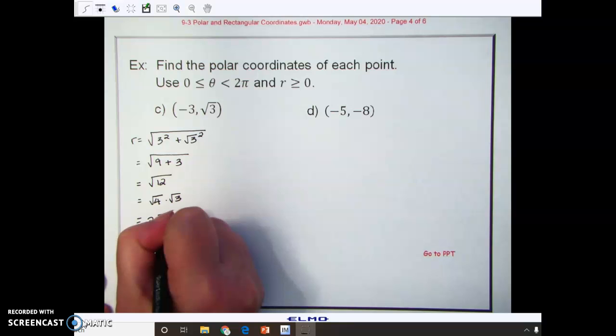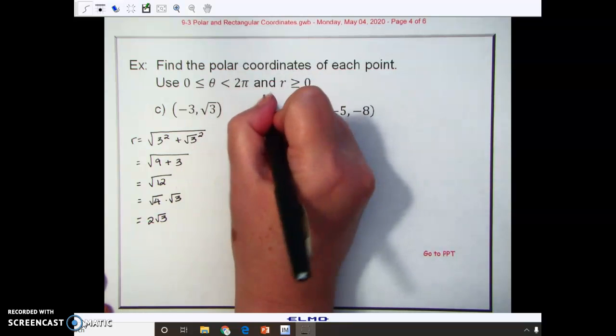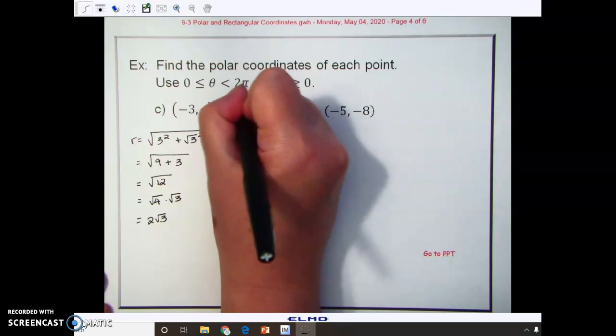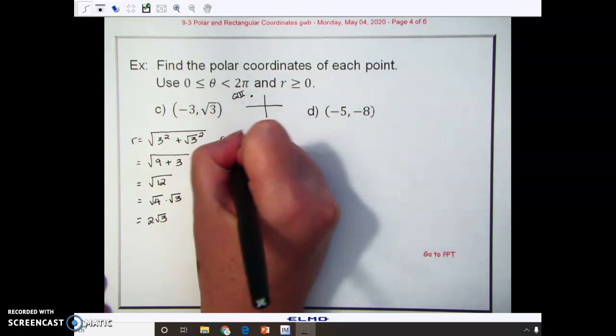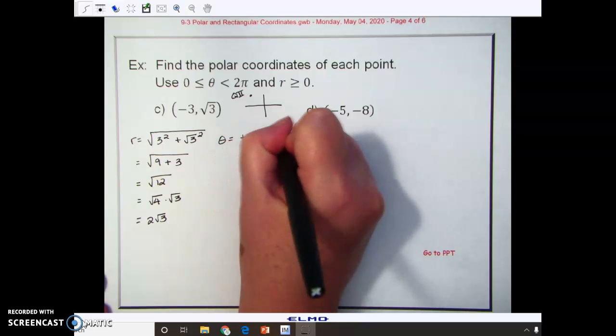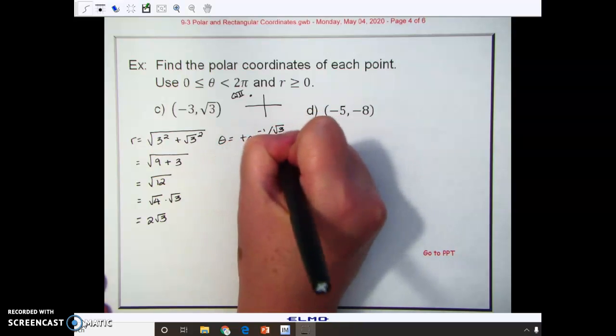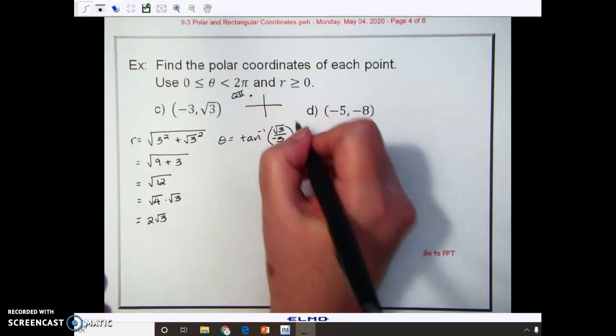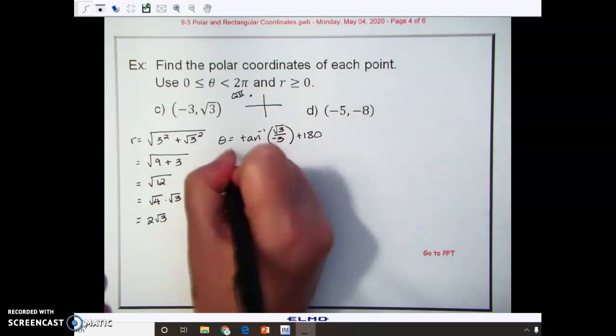Now if we sketch this, this is in the second quadrant, which means that when I look for theta, we're going to do the inverse tangent of y over x, but that's going to give me a quadrant 4 answer. So to make it a quadrant 2 answer, we're going to add 180.